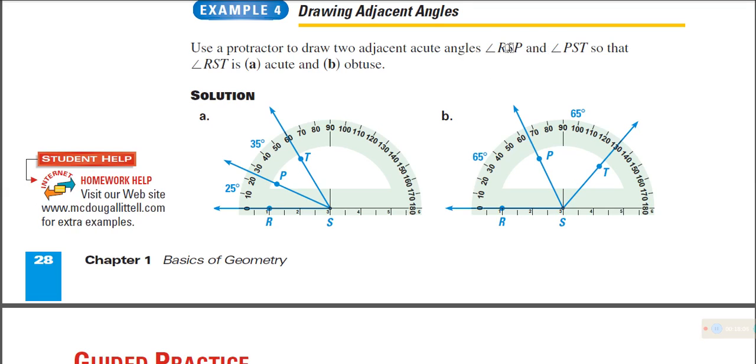I-identify mo muna yung common side. Ang common side natin ay yung may parehas na letter. So, meron kang common side na ray SP. Okay? So, si ray SP, siya dapat yung nasa loob. So, ang una mong i-construct ay si RS at saka si ST. And make sure that it is below 90 degrees.